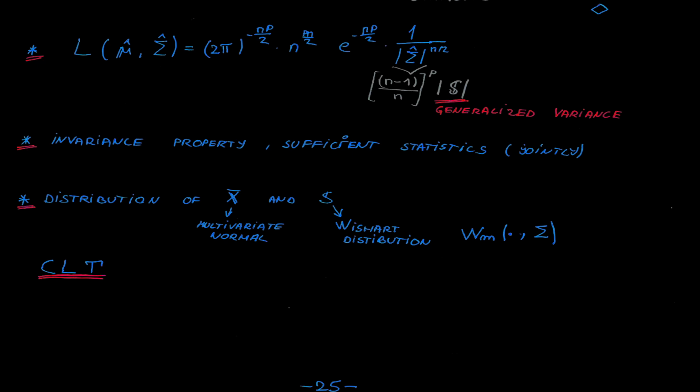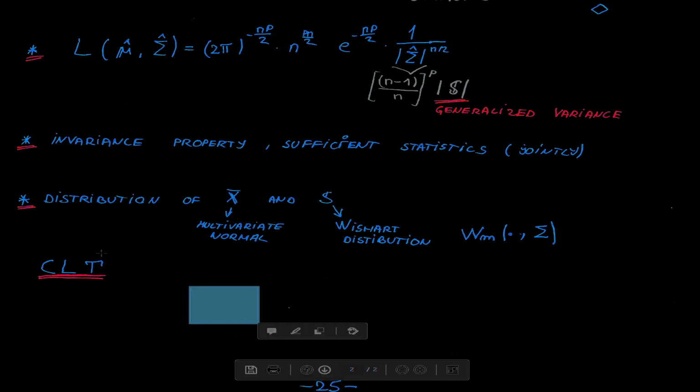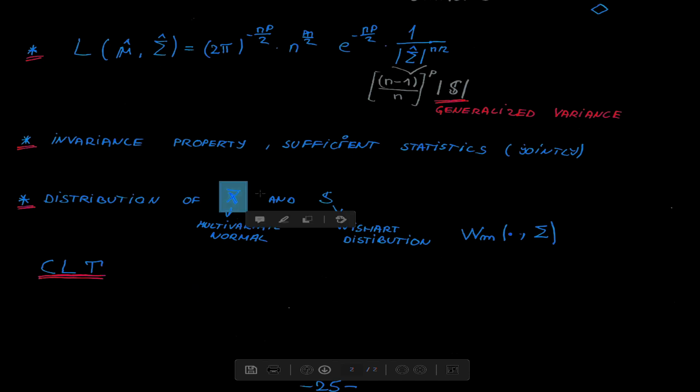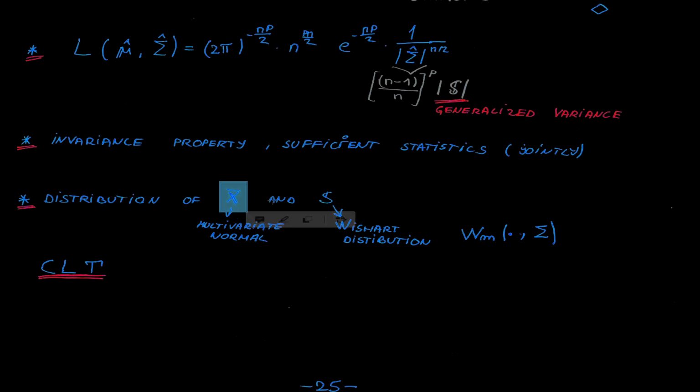So if we had any independent observations x1, x2 to xn, let's say, with some mean vector and covariance matrix, then we know the distribution as given in the univariate case: square root of n times, for example, our mean minus mu has an approximately normal distribution.